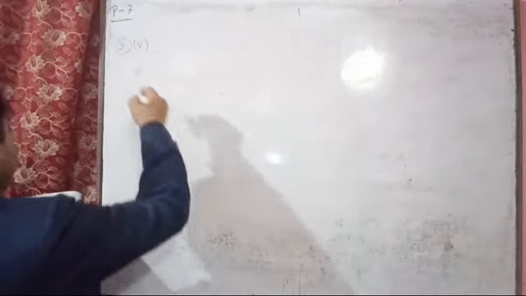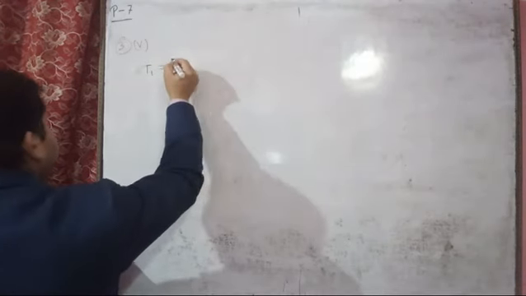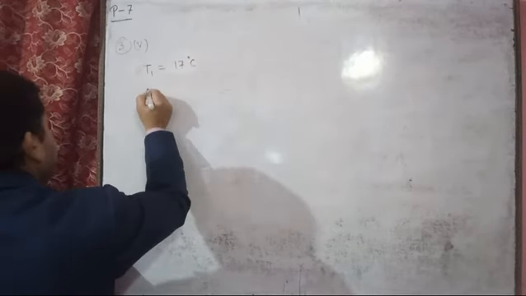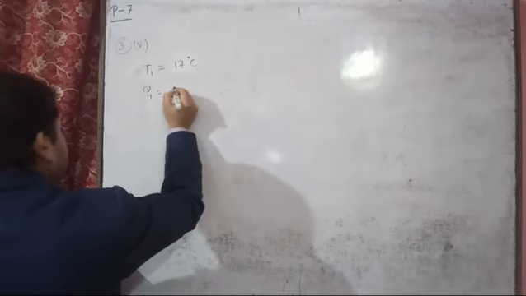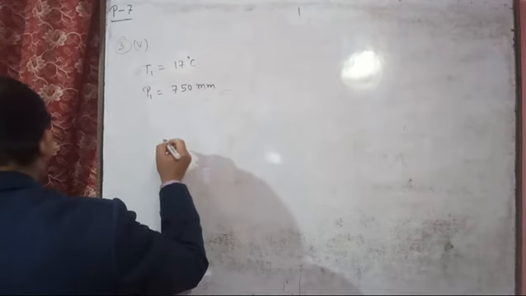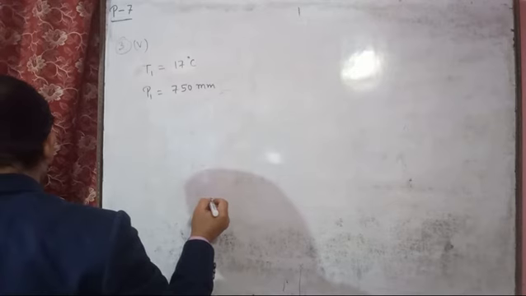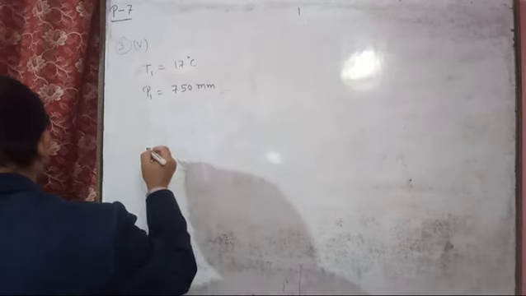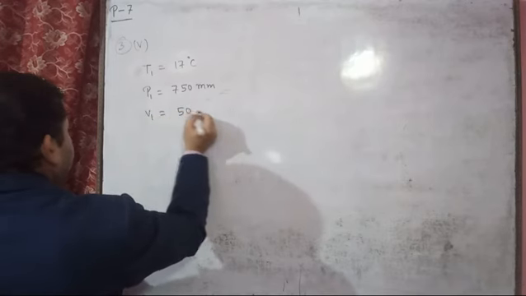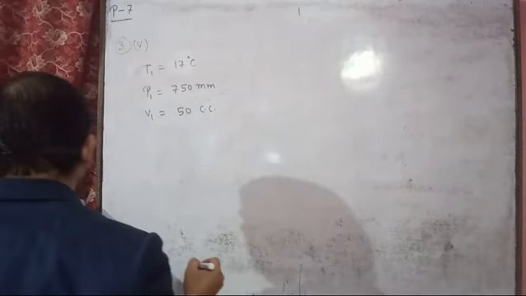Here T1 is given as 17 degrees Celsius, P1 is 750 mm, and the volume is 50 cubic centimeter.